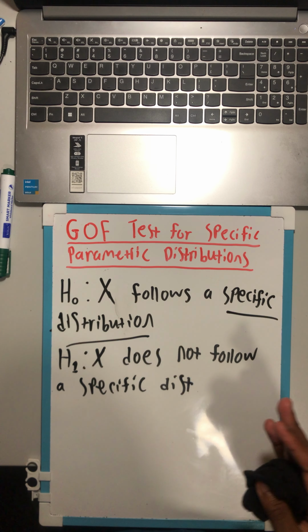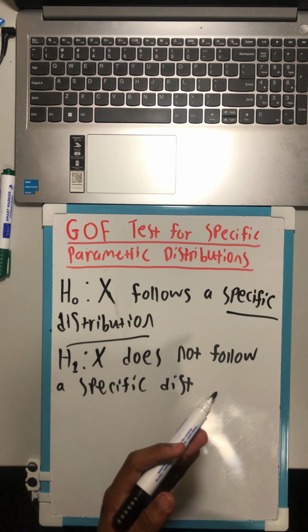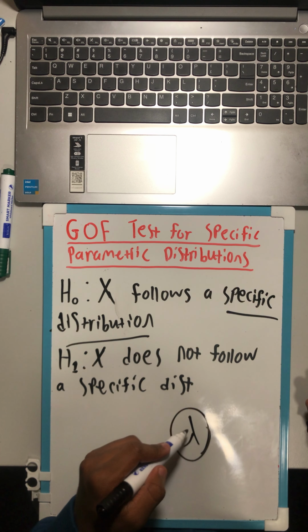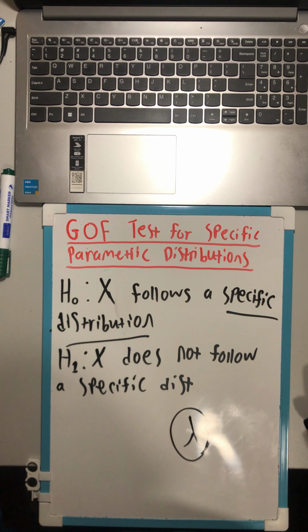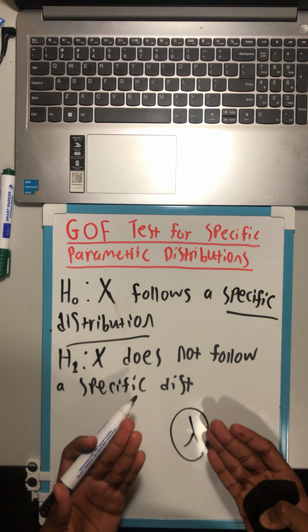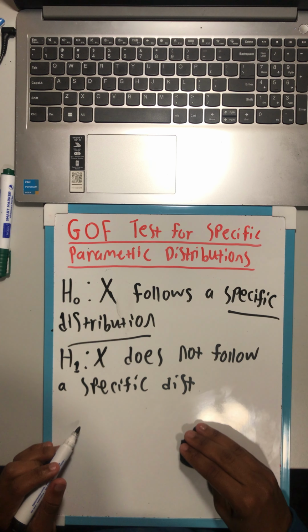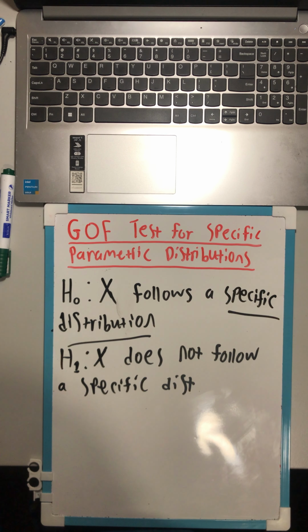with a parameter mu, or mean, or lambda, and you have to put a value for lambda. Let's say they test whether x follows a Poisson distribution with a mean of 3.